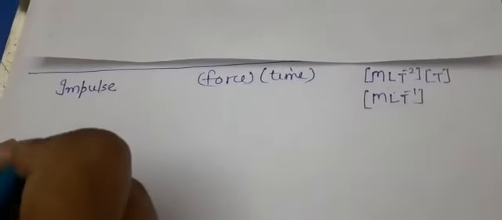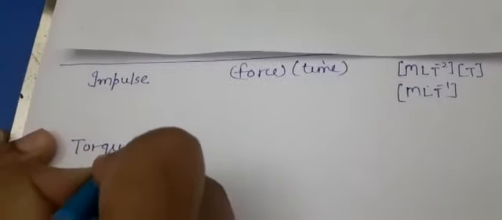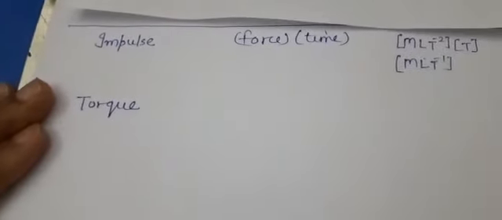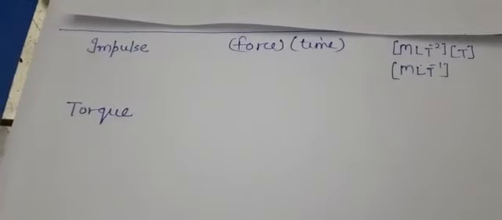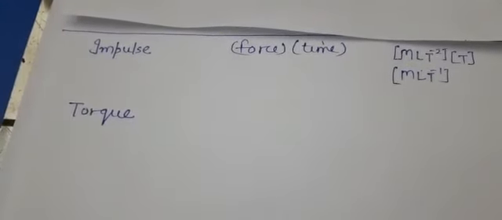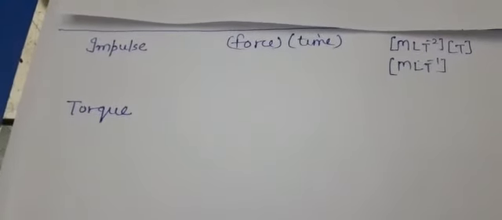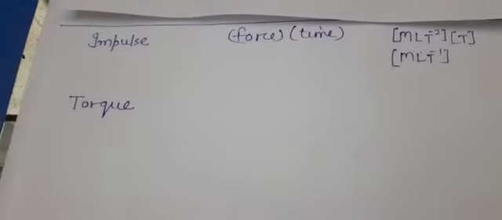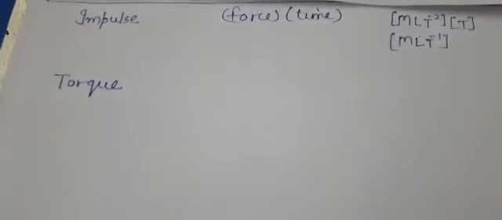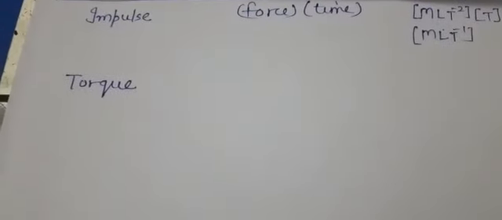Now, next is torque. Another new term. Torque is a term related to the rotation of an object, like when a fan is rotating, or when you are opening or closing the door of your home or window. Anything that is rotating, the concept of torque is introduced.